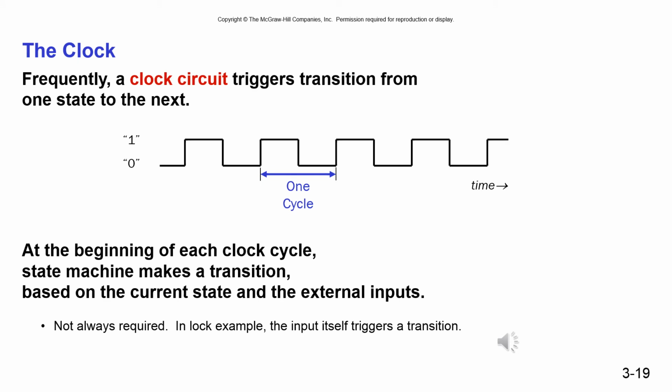Next up, the system clock. Frequently, a clock circuit is what triggers a transition from one state to the next. One clock cycle is the smallest increment of state change. Now you'll find as we advance through this course, often the smallest change will involve a single instruction.